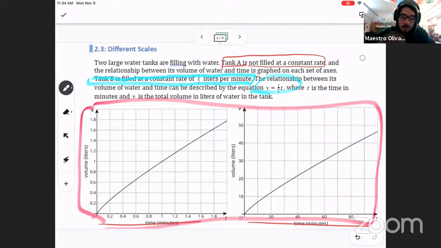I'm writing out the question in the chat, by the way. Chris, I already answered that. I'm sorry, man. In 30 seconds, which tank has more water? Tank A or tank B?